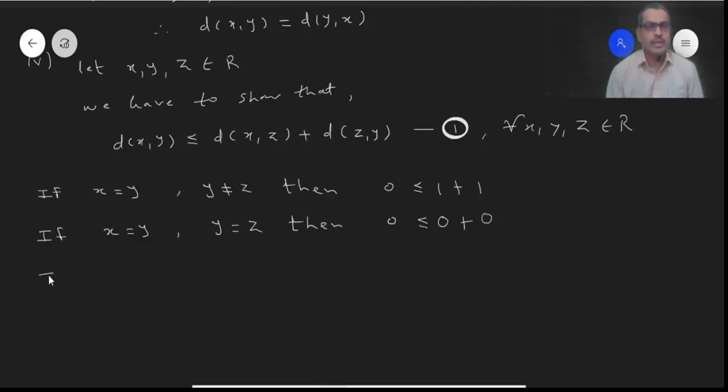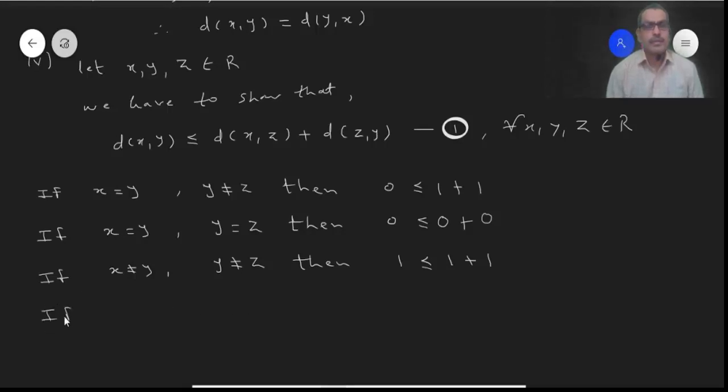In the third condition, if x is not equal to y and y is not equal to z, then we write this value is 1, and 1 is less than or equal to 1 plus 1.